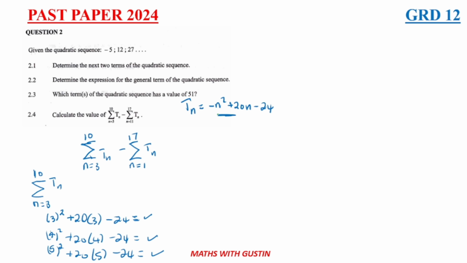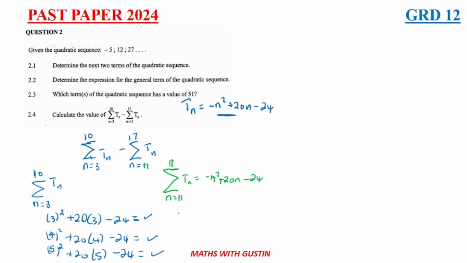All right. And then on the other side, you have got this one here, starting at 11. I think it's 11, this value here. You are starting at 11, you must end at 17, but you're using Tn, minus n squared plus 20n minus 24. So basically here, guys, you're gonna do the same thing as previous.